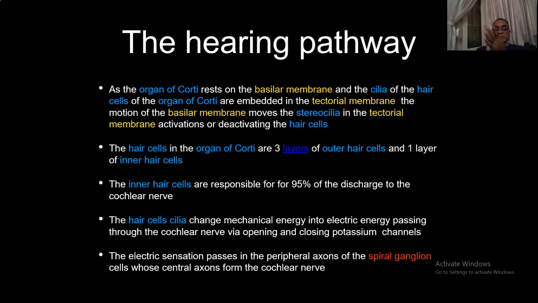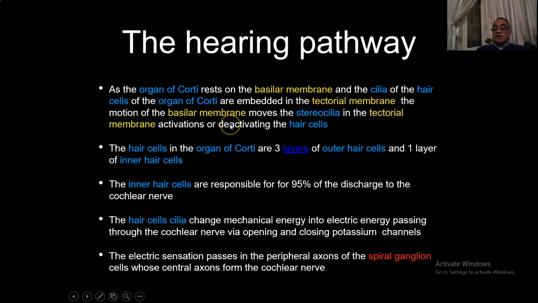The hearing pathway. The organ of Corti, as we said, rests on the basilar membrane, and the cilia of the hair cells of the organ of Corti are embedded in the tectorial membrane. The motion of the basilar membrane: why does it move?